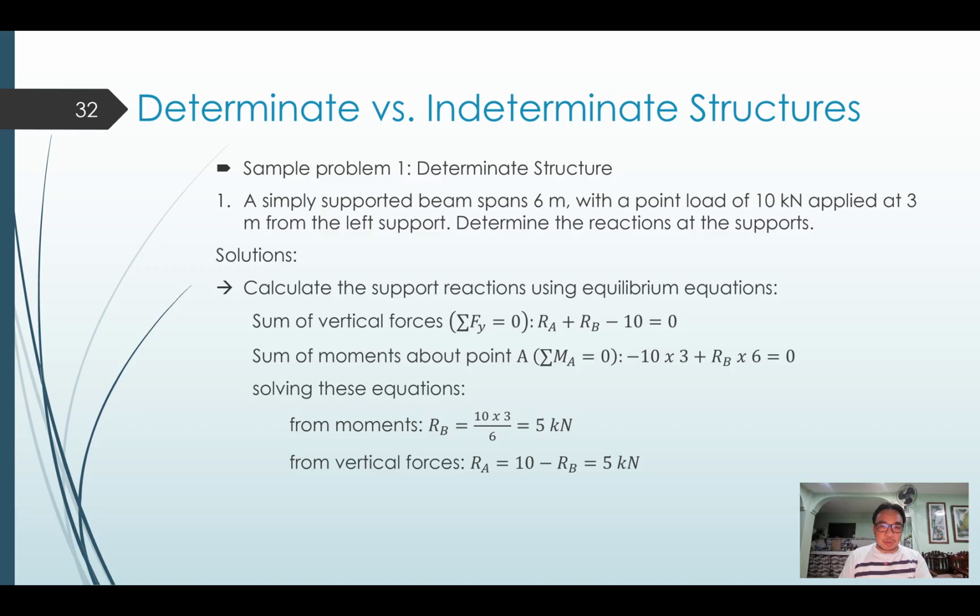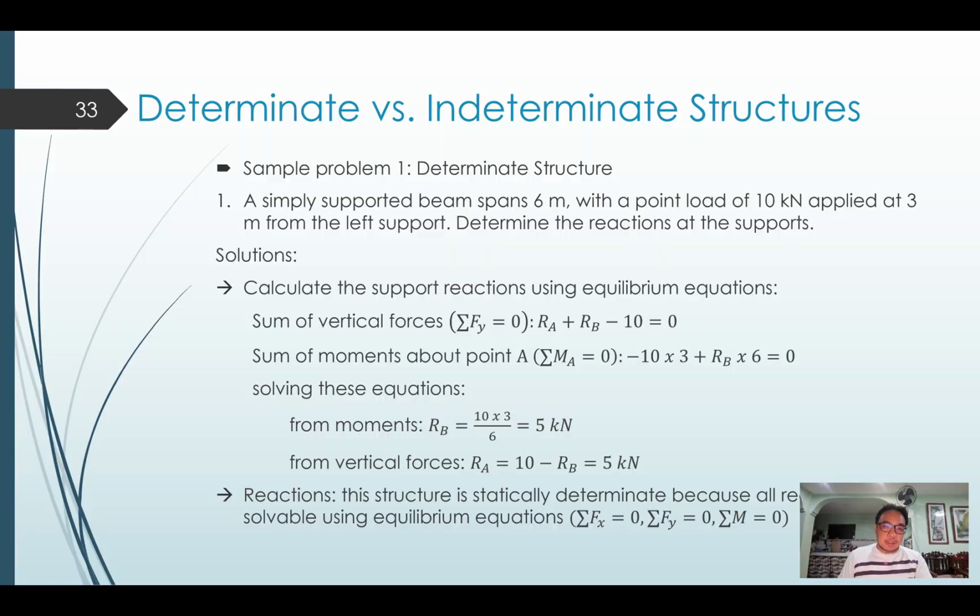Solving the moment equation will give us Rb equal to 5 kilonewton. And from the vertical forces, Ra is equal to 5 kilonewton. Now the reactions. This structure is statically determinate because all reactions are solvable using equilibrium equations.